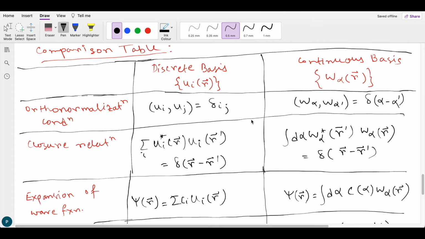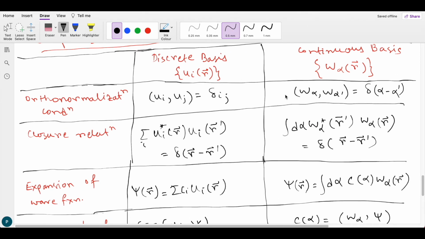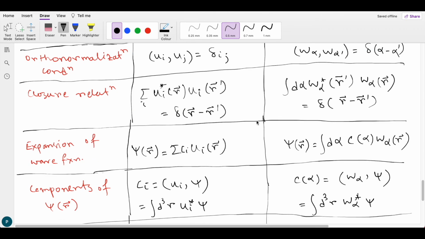So the orthonormalization condition for the discrete basis is that the scalar product of u_i with u_j is delta_ij, but in case of the continuous basis the scalar product is not a Kronecker delta, it's a Dirac delta function, and the closure relation is the same, but instead of summation we have to use an integration over the variable alpha.